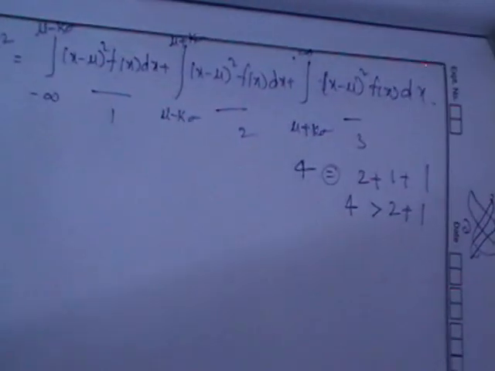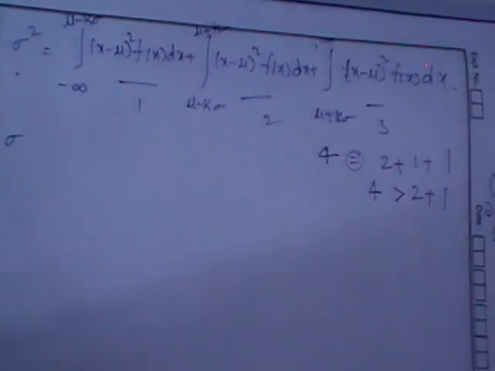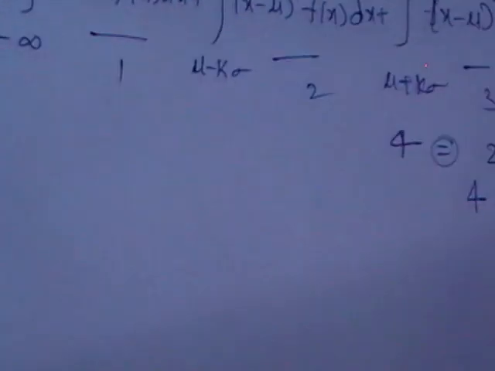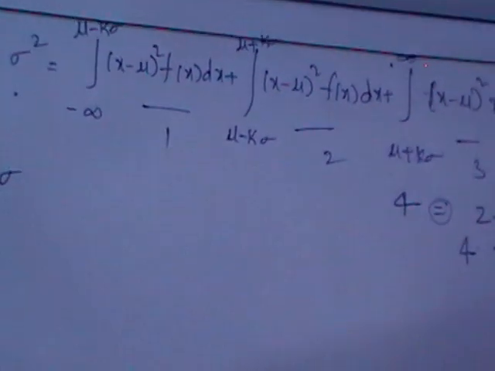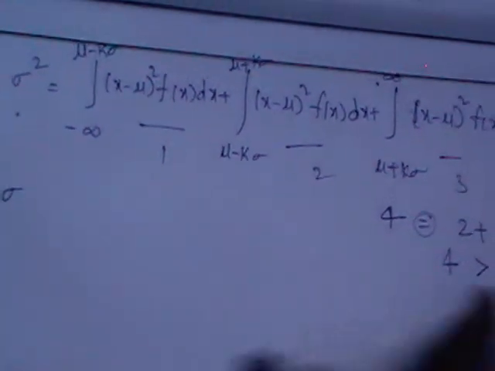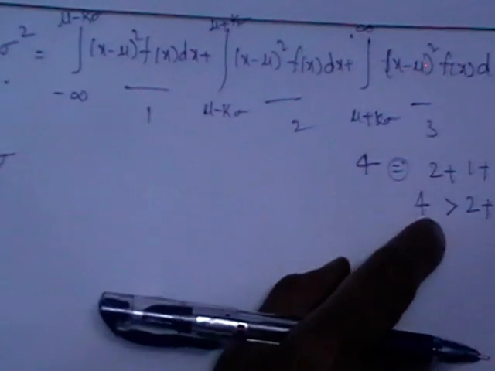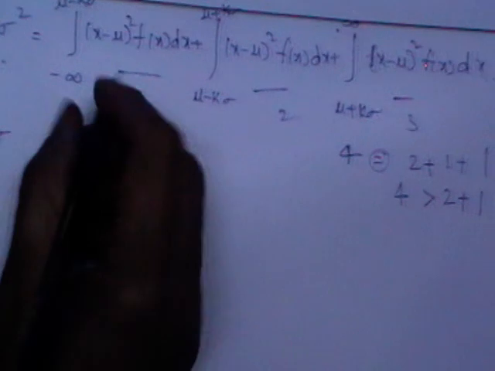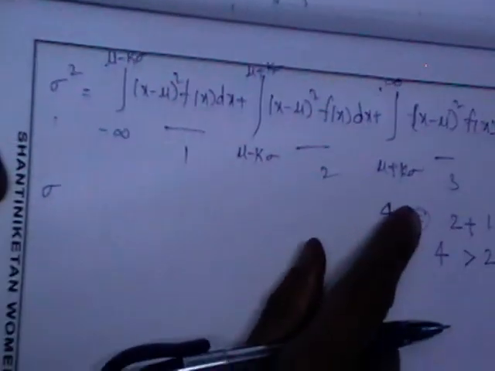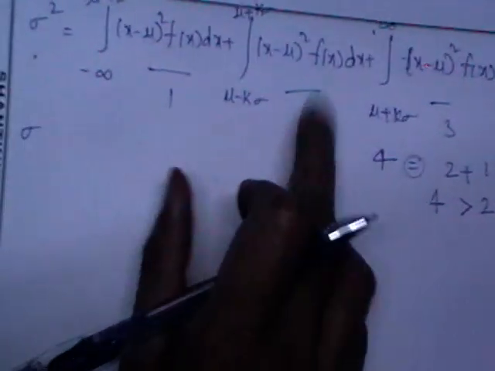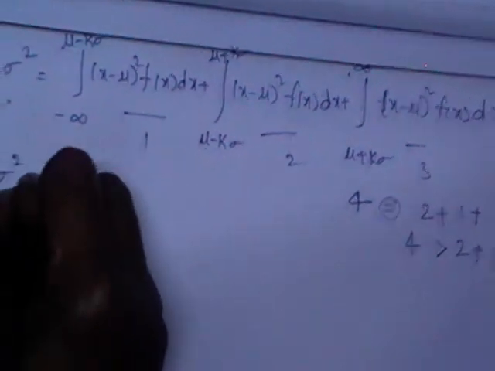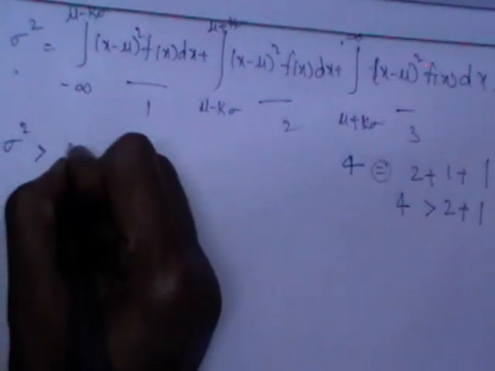On the RHS, we are observing LHS is equal to RHS when this is the sum of three terms. If I omit one term, this equal to will be turned into greater than. In similar steps, among these three terms, if I omit the middle one, this equal to becomes greater than.